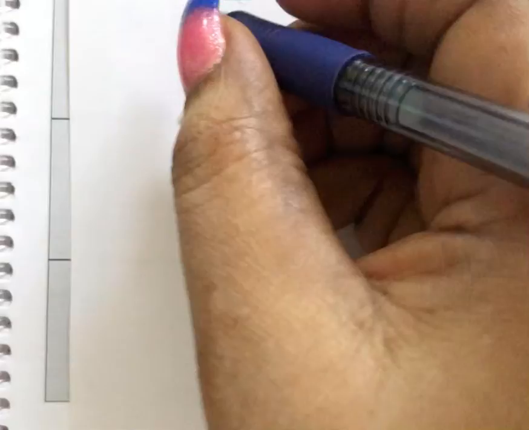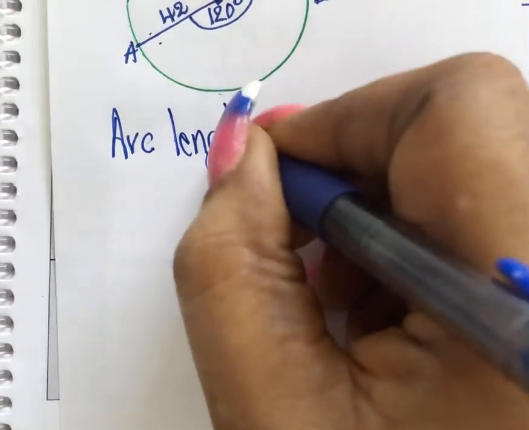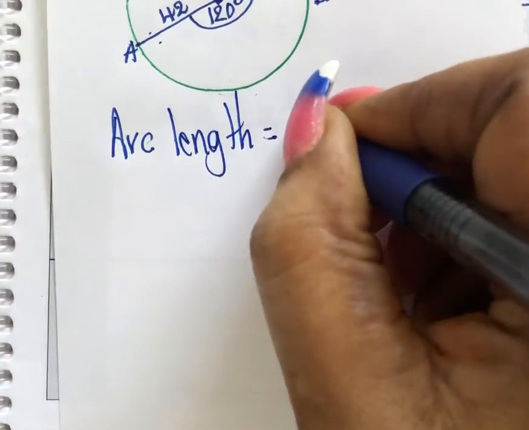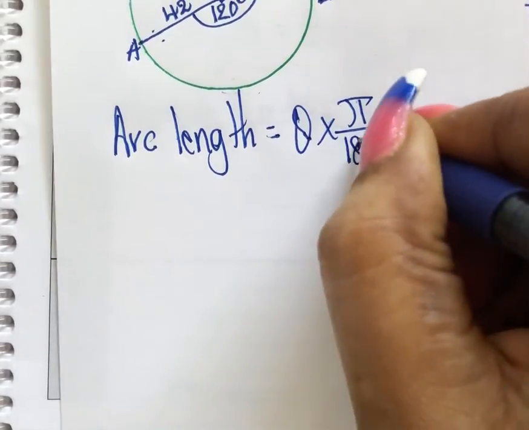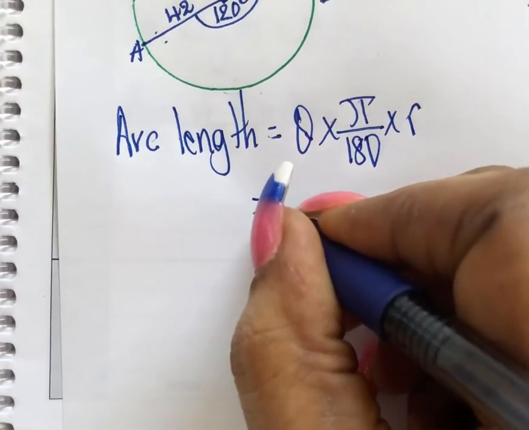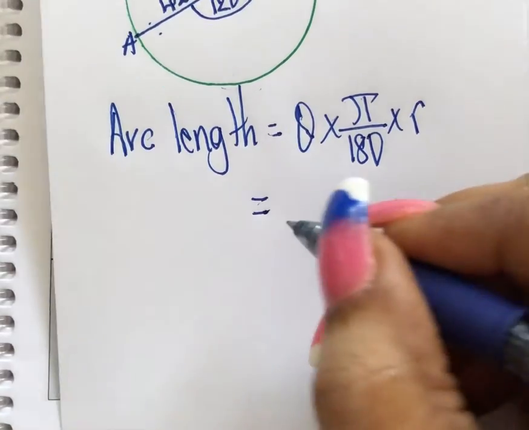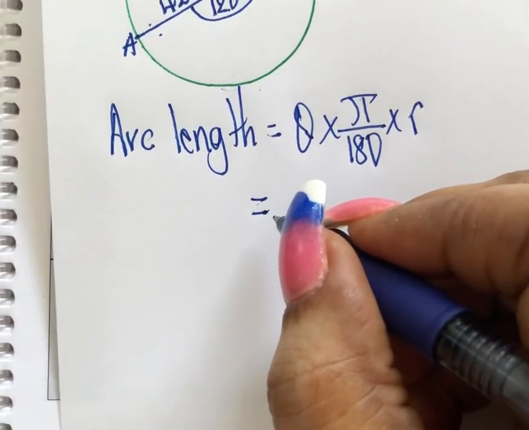So we take our formula and we are going to substitute, and they also told us to use pi as 22/7.